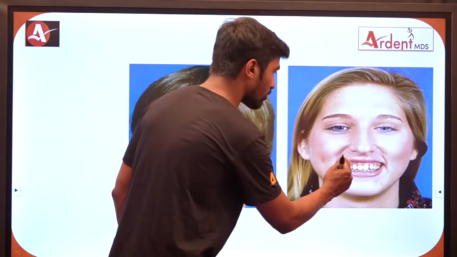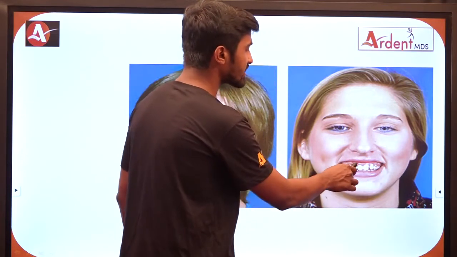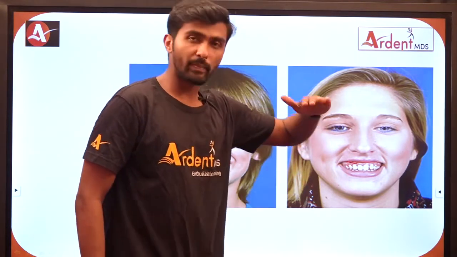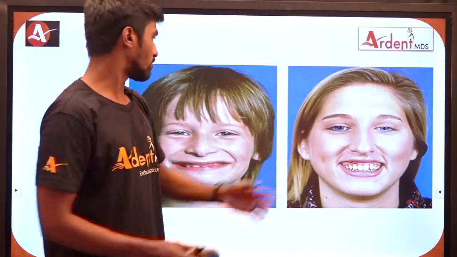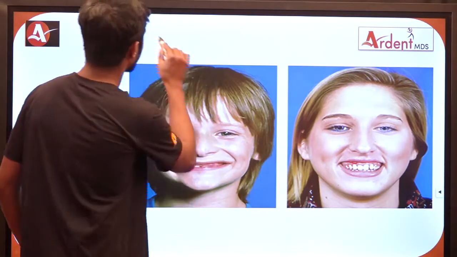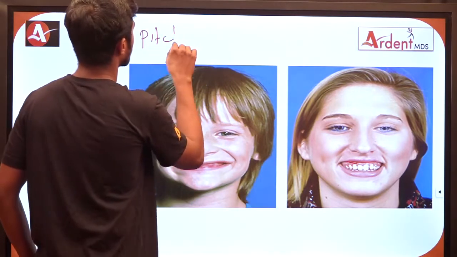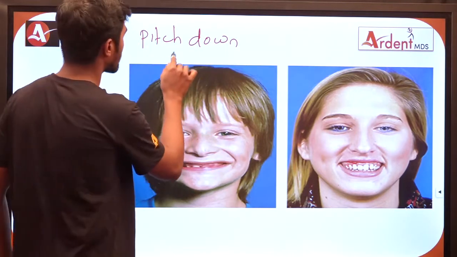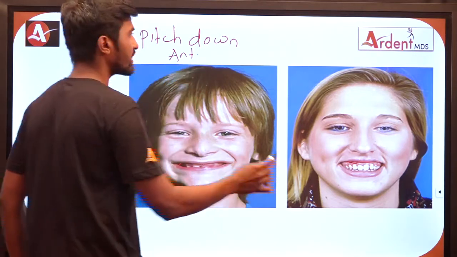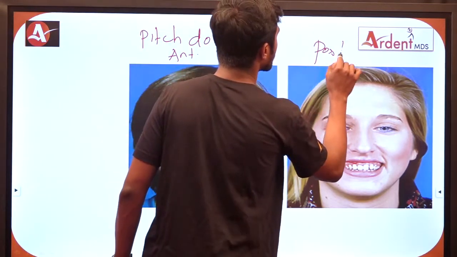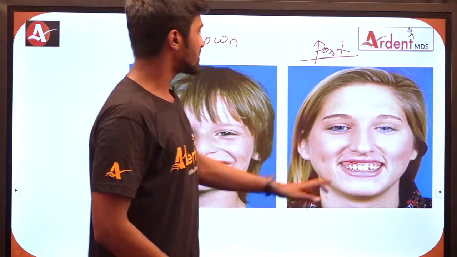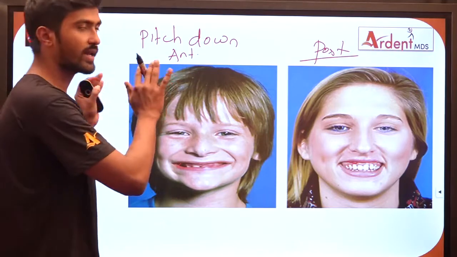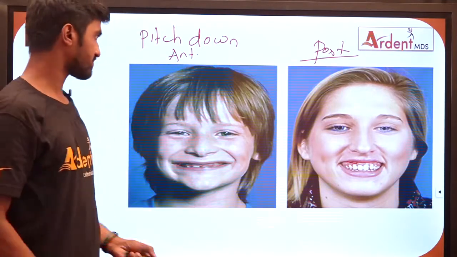But as we go posteriorly, the gingival visibility is increasing, which means the maxilla is pitched down posteriorly. So in the previous case, the maxilla is pitched down anteriorly. Here, the same thing had happened, but in the posterior region. That's why the gingival visibility is increased in the posterior region. So this is the classic example of pitch.